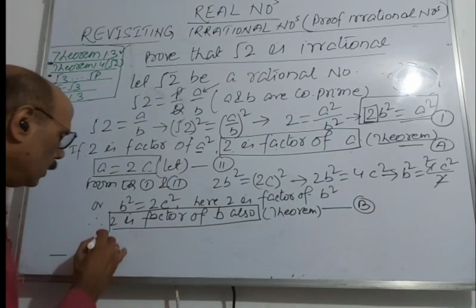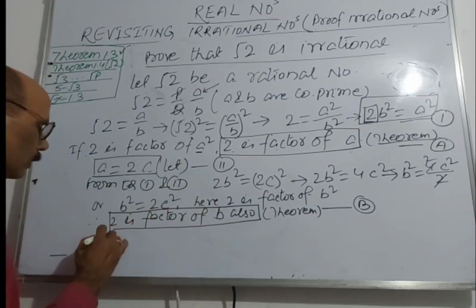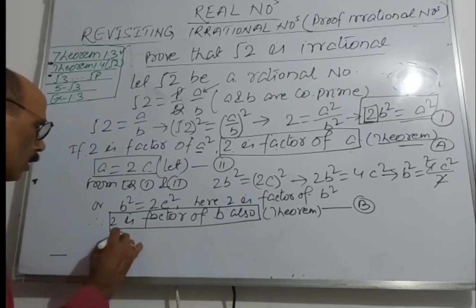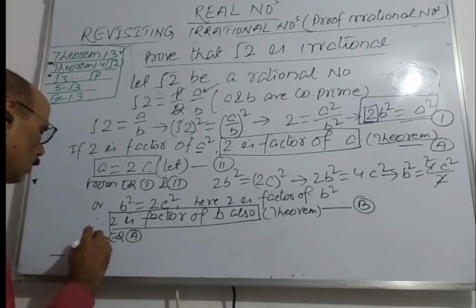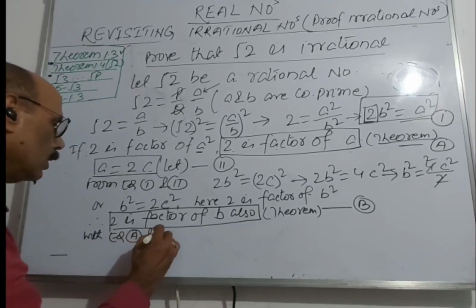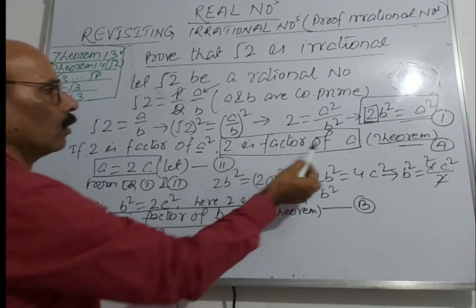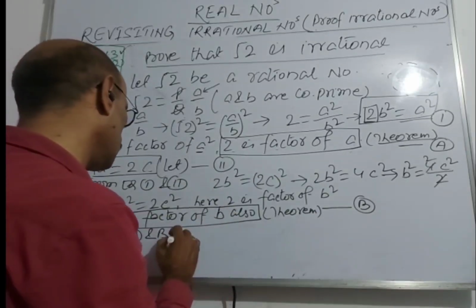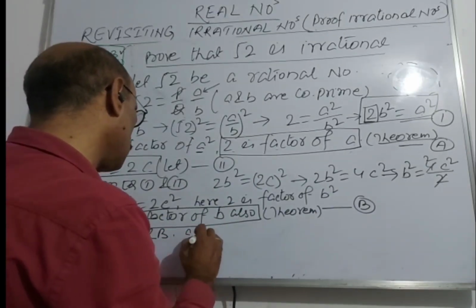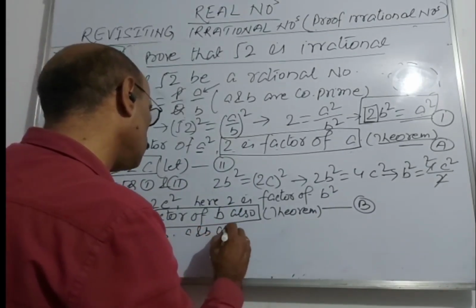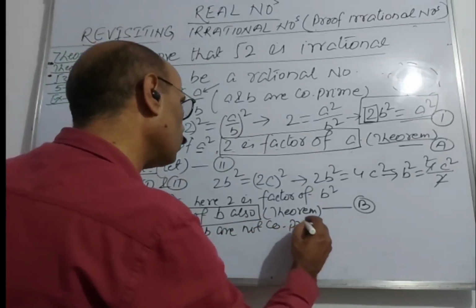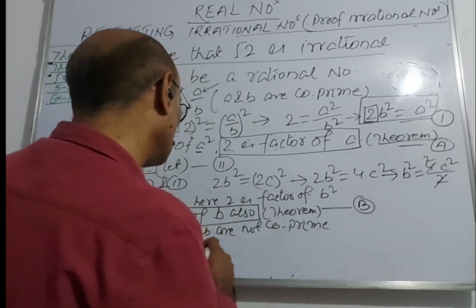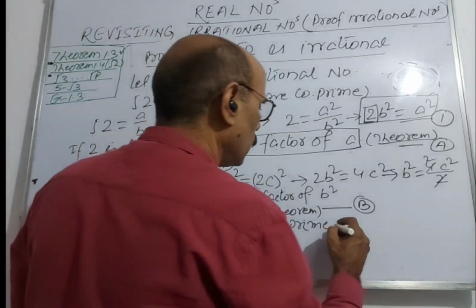With equation a and b, 2 is a factor of a, 2 is a factor of b, so we can say a and b are not co-prime. Why? Because 2 is a common factor, so they are not co-prime.